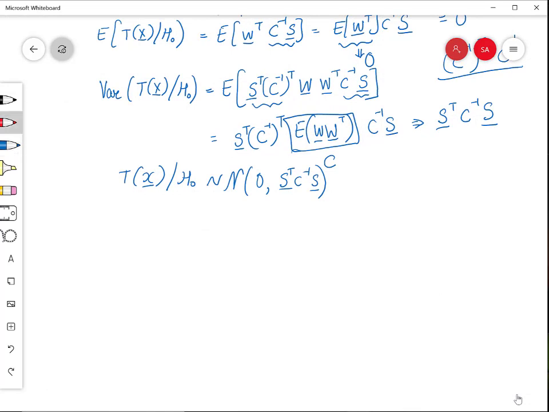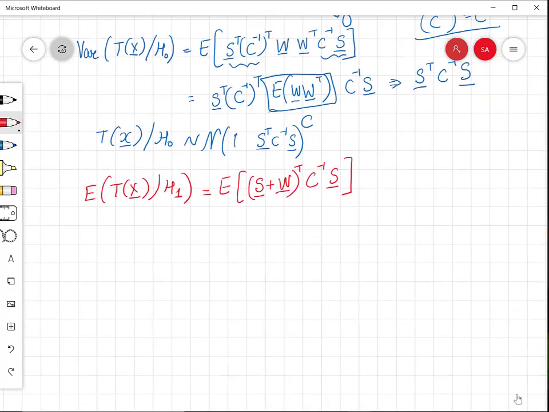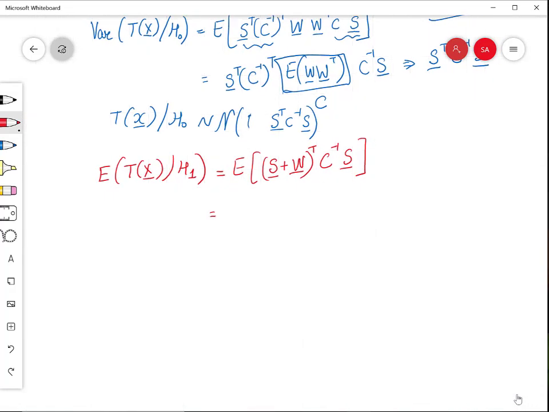Now what remains is to figure out the expectation of T of X under hypothesis H1. This is equal to the expectation of, now my X will be S plus W, so, S plus W transpose C inverse S. Let me expand this further.